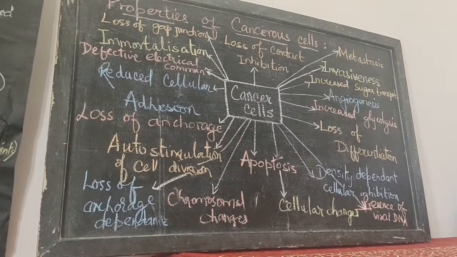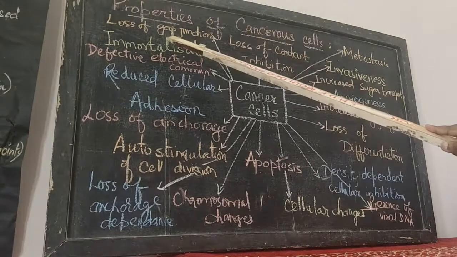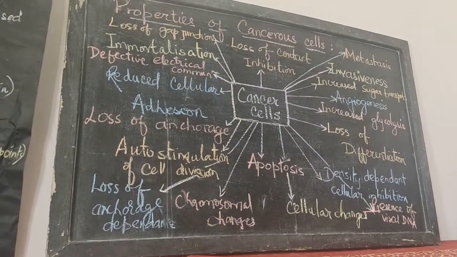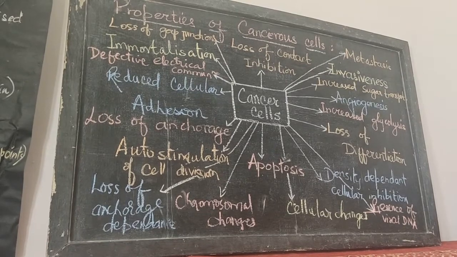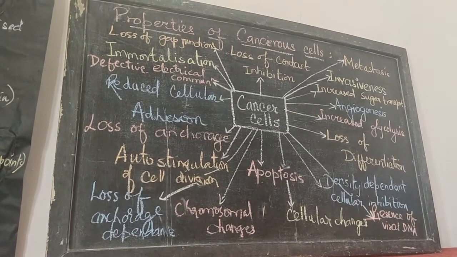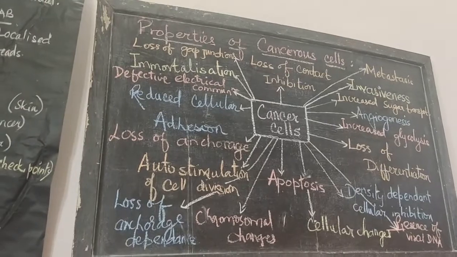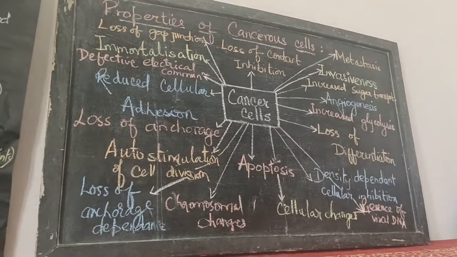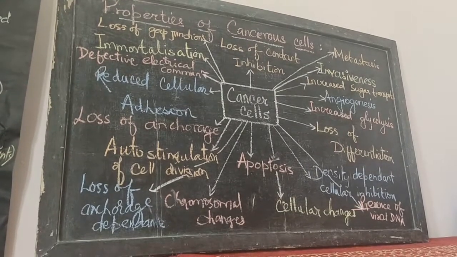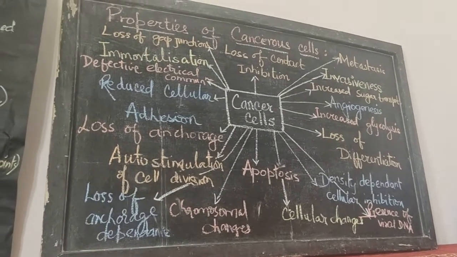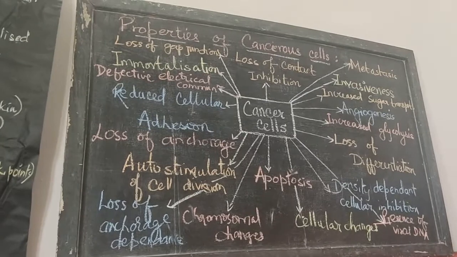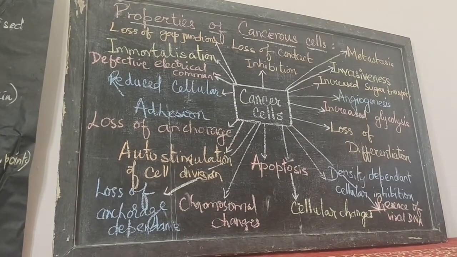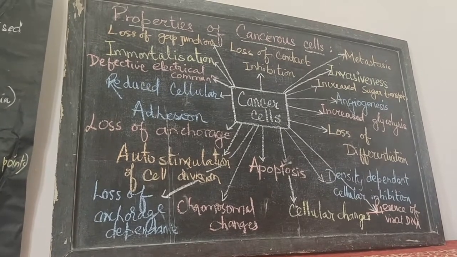The next important feature of cancerous cells is loss of gap junctions. Whenever normal cells grow, when neighbor cells come in contact, they form a gap junction which will be filled with a special kind of gap junction proteins referred to as connexins. Connexins are the proteins that keep two cells connected at the gap junction.